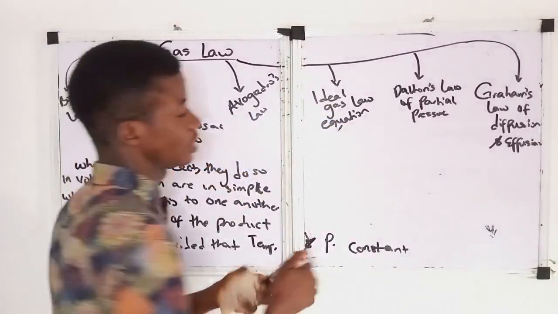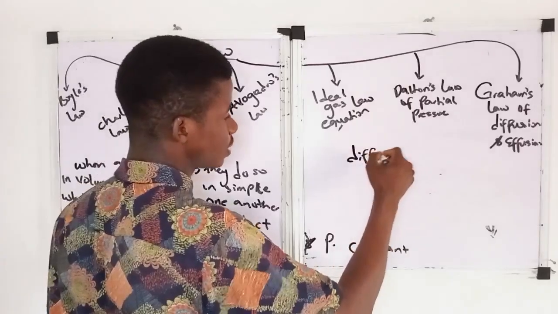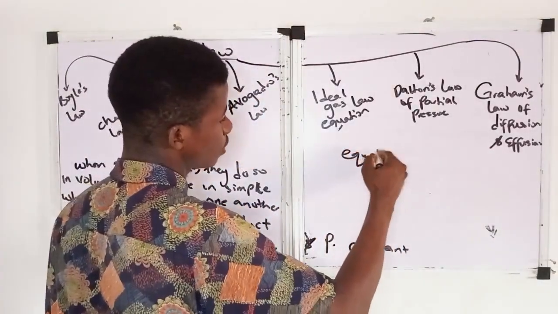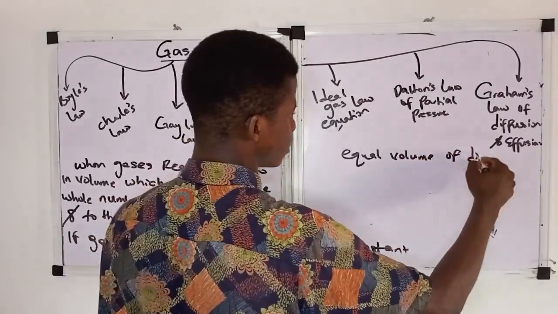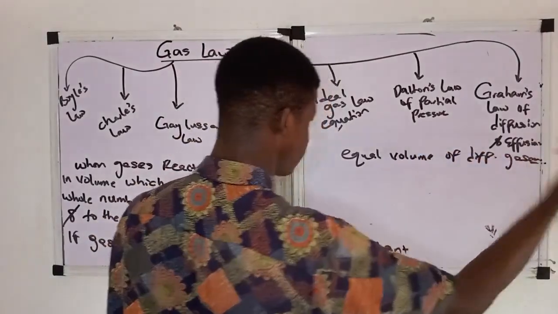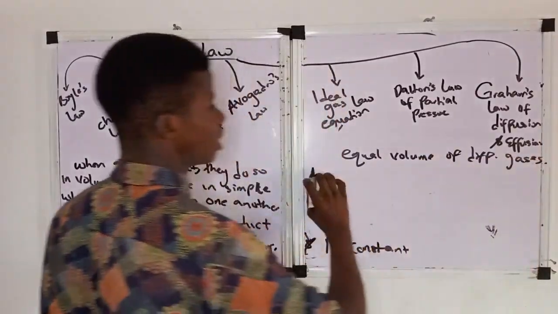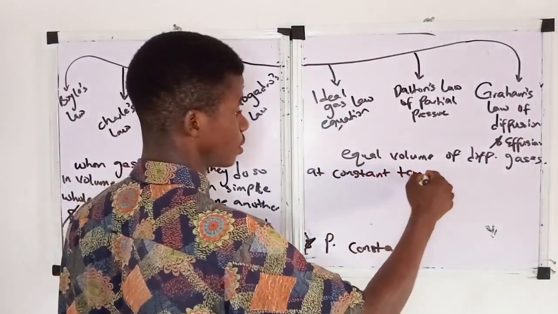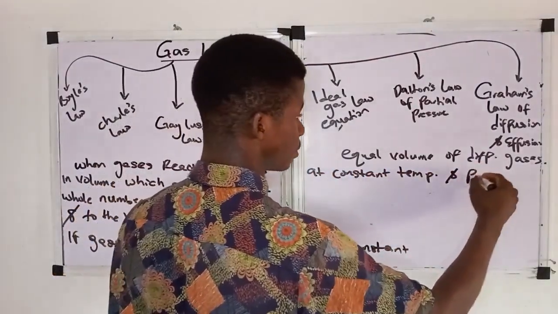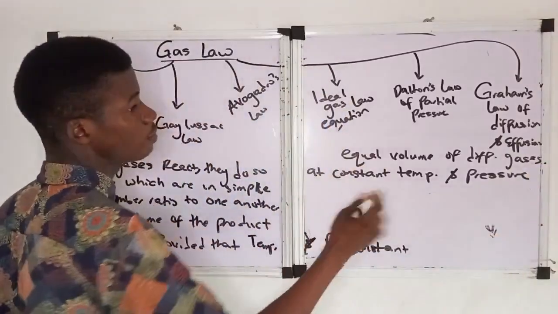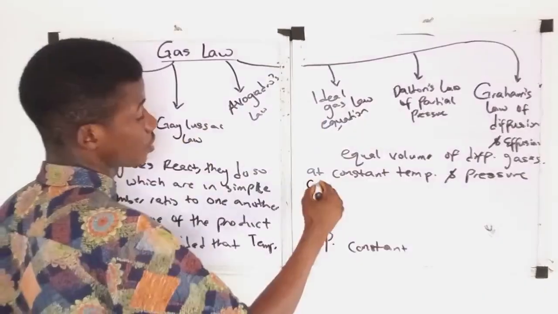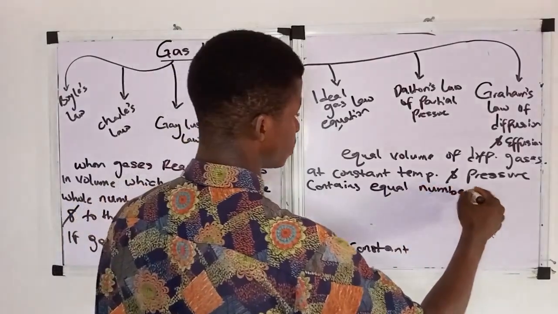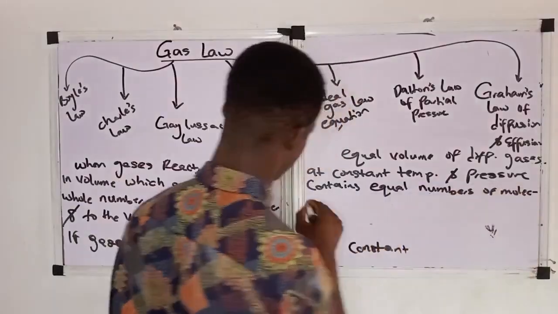Avogadro's law said that equal volumes of different gases at constant temperature and pressure contain equal numbers of molecules, or moles.